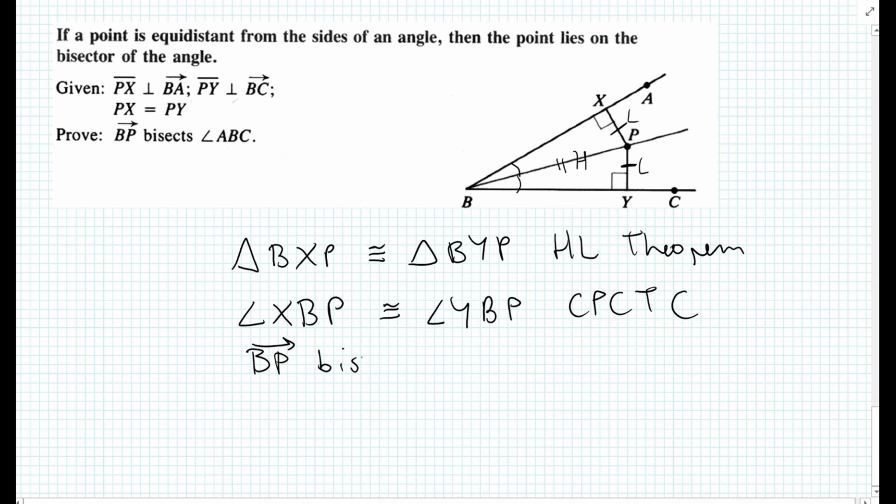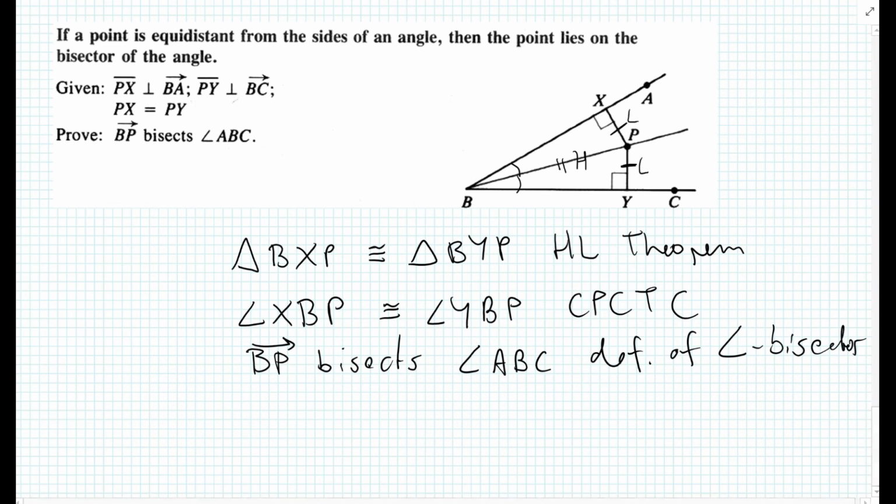That has to be the bisector, or we can say that ray BP bisects angle ABC. And we know that is the definition of angle bisector, okay? So that's how we prove this. So now we know that that is true. How do we know if the converse is true?